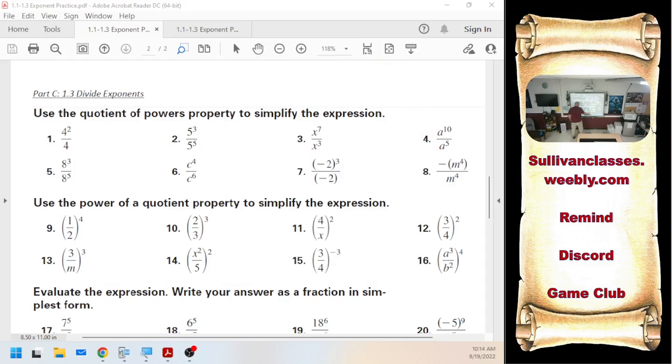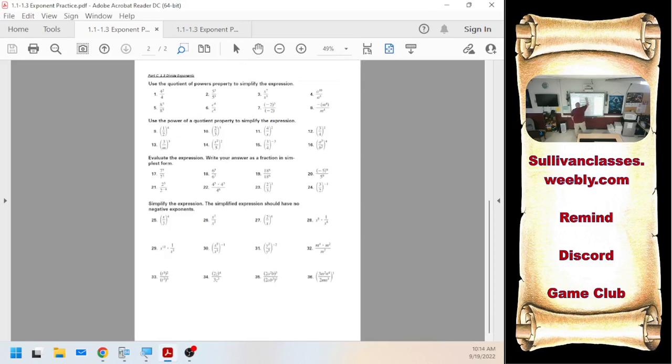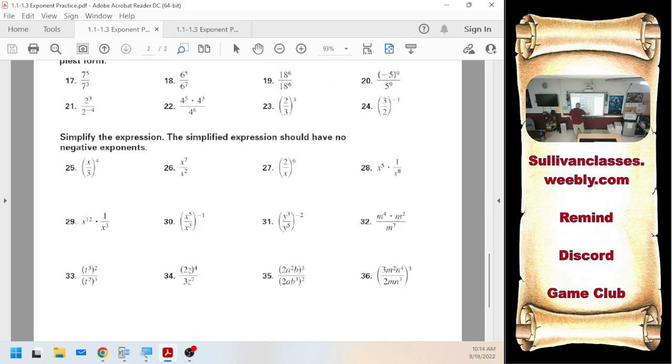And then down at the bottom, we had more of our division problems. We did like meh. These guys? Okay. So we should have uno. 8 27ths. 2, 5, 5, 24, 64. X to the 6. 5, negative 2, negative 2, y to the fourth.